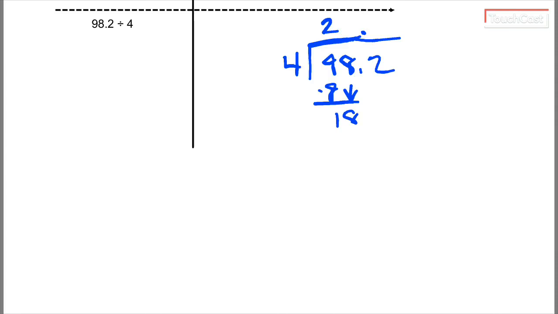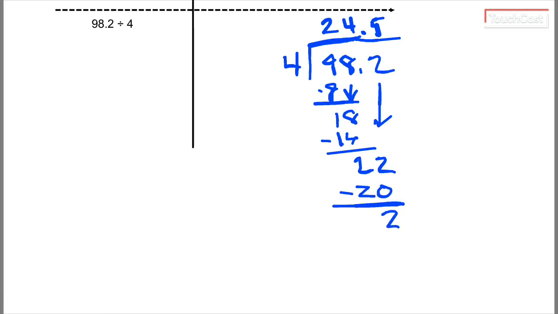4 goes into 18 4 times. 4 times 4 is 16. We still have a remainder of 2. We bring down this 2. 4 goes into 22 5 times. 5 times 4 is 20. We subtract, we get 2.